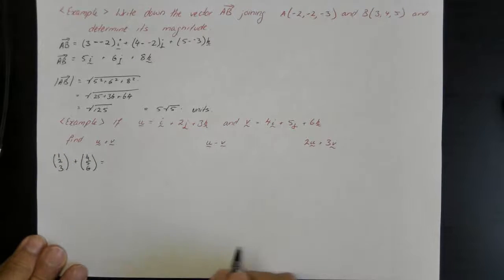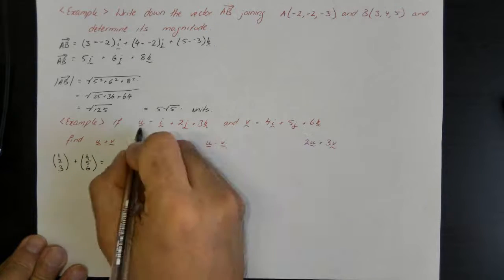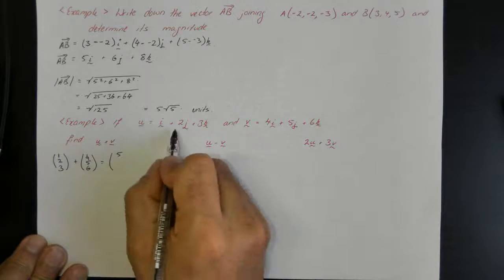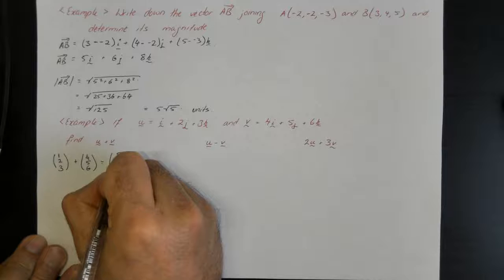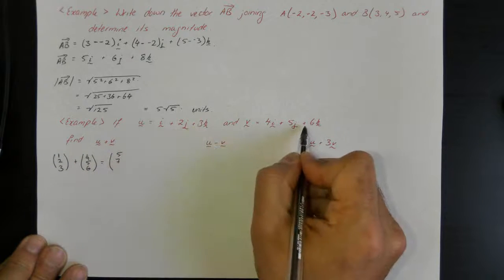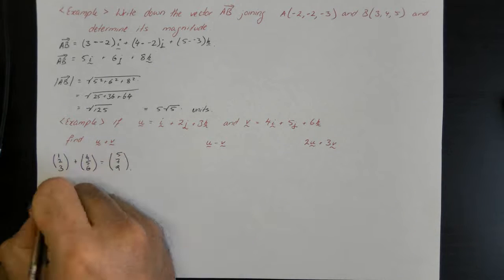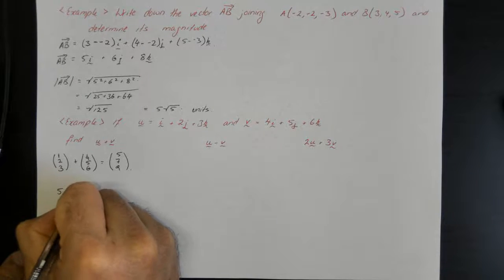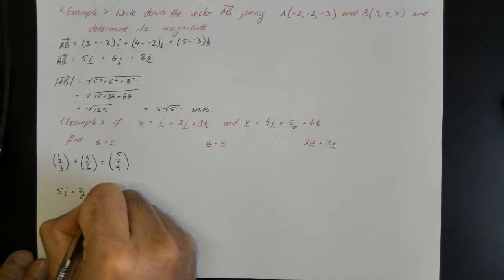So I'm going to add vectors. All I'm going to do is add the i components together, so 1 plus 4 is 5. Add the j components, 2 plus 5 is 7. And add the k components. So I get 5i, 7j plus 9k.